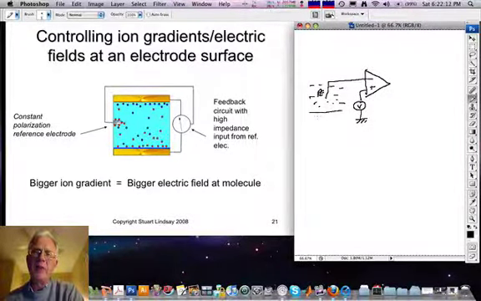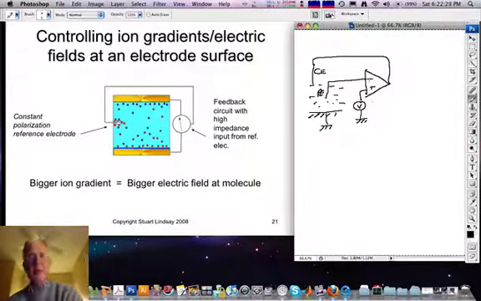The electrode of interest, the one at which the electrochemistry will occur, is grounded, and a third electrode inserted into this cell, called a counter-electrode, is connected to the output of the operational amplifier.